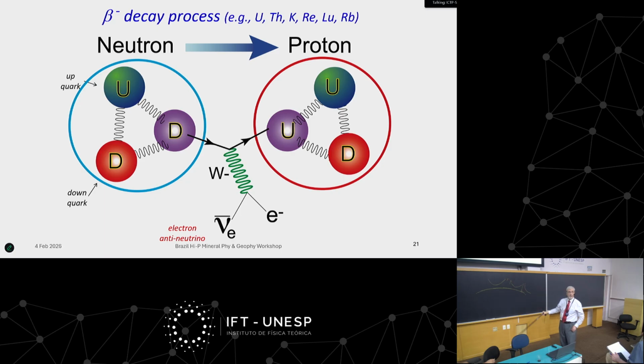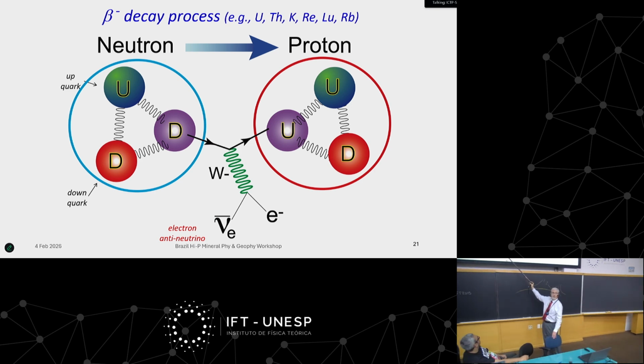This weak force change engages a W minus boson, which you can think of as like a photon, a force carrier. And magically what you're doing is creating this not pre-existing electron and antineutrino from this exchange. And that's what's happening inside the Earth.